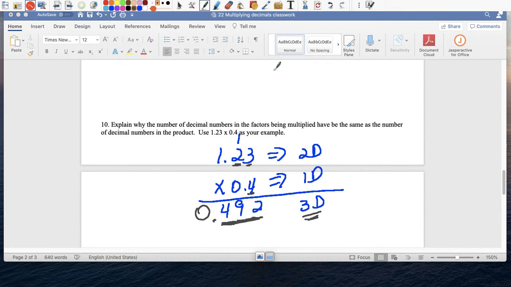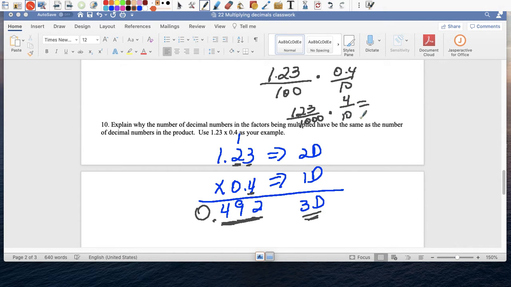So now if you think about fractions, 1.23 is 123 over 100, and 0.4 is 4 over 10.